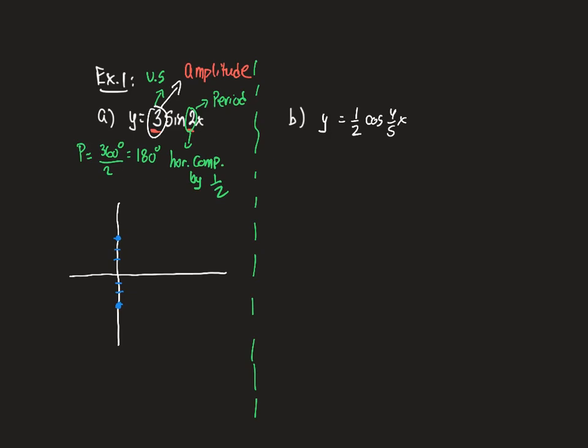That basically means that one cycle goes until 180 degrees. That also means that my domain would be from 0 less than or equal to x less than or equal to 180 degrees, because that's how big my cycle is. I also know my range is basically my max and min of my heights, which goes from 3 to negative 3.